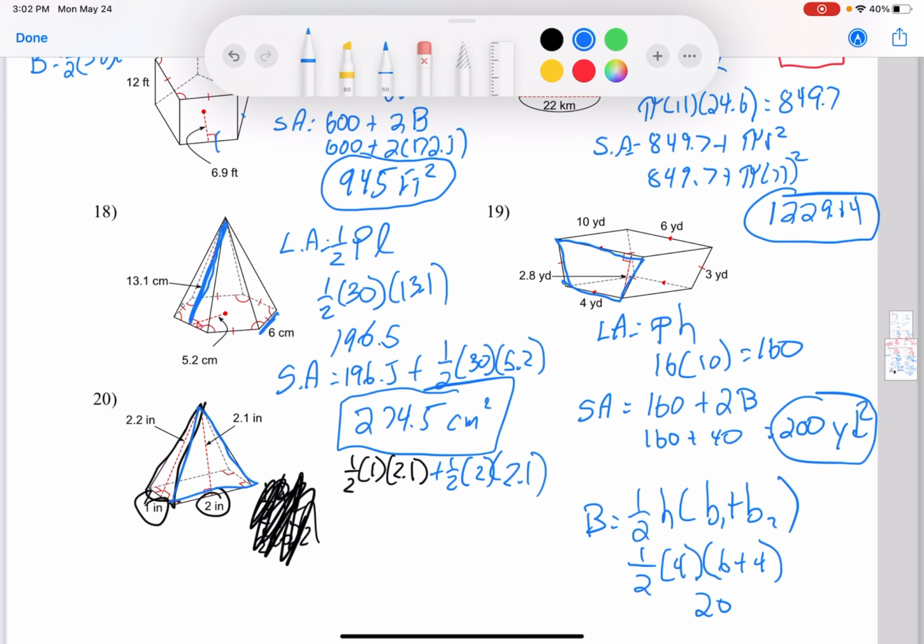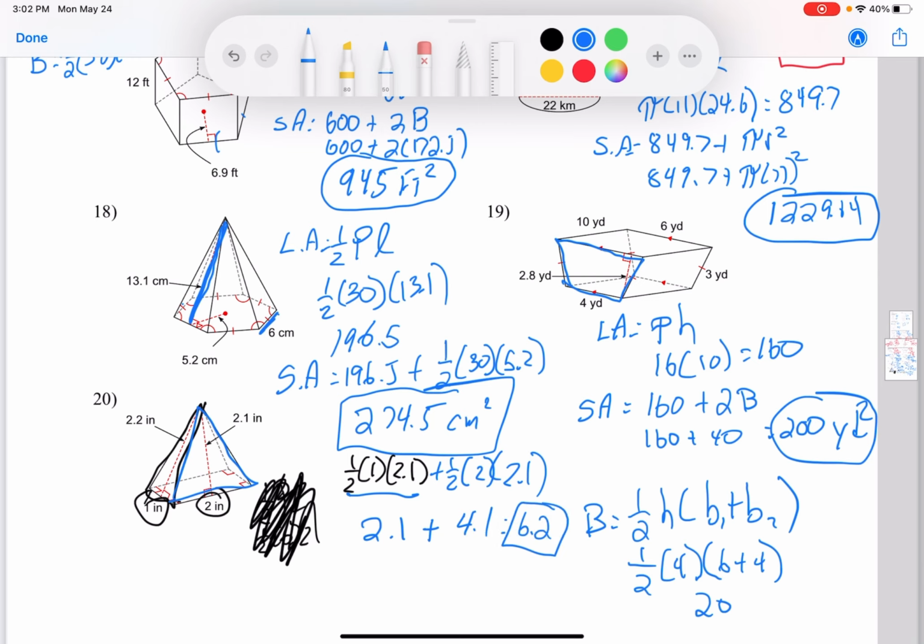But now if you think about it, how many of this one do we have? We have 2 of them. So actually that's going to be 2 times 1/2 times, so 1/2 of 2 is just 1. So this is actually just going to be 2.1 plus, again, you take this times 2, the half, so you just got 4. That's going to give you 4.1. So the lateral area is 6.2.